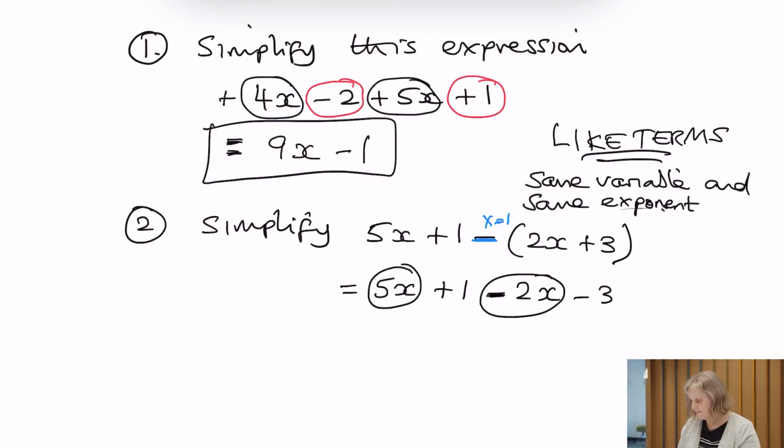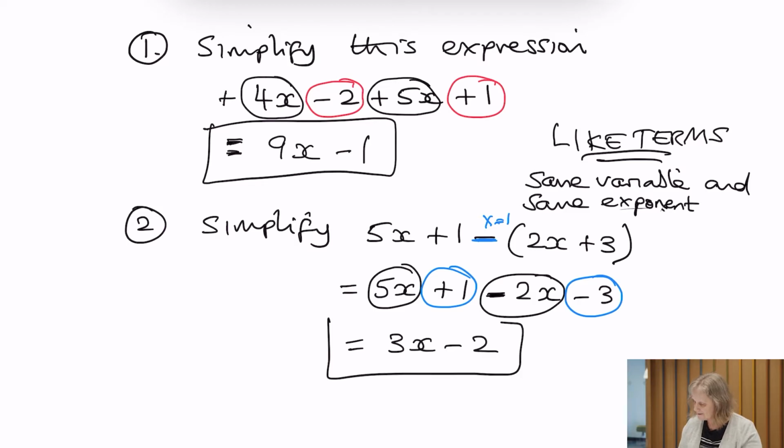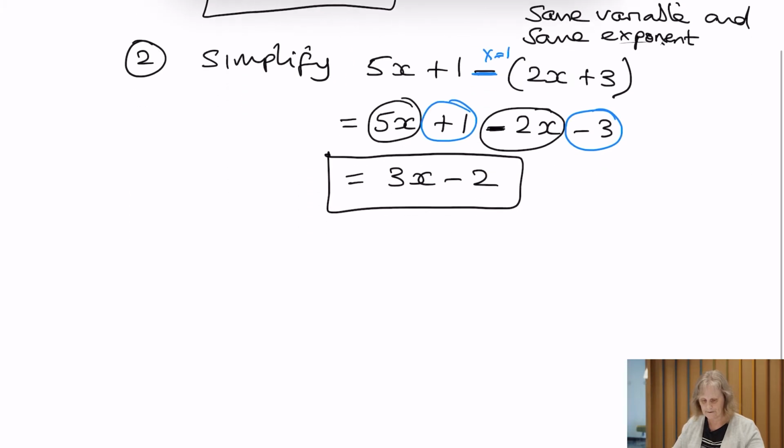So we've got 5x subtract 2x is going to give us 3x. And then when we look at the two numbers, constants, 1 subtract 3 is going to give us -2. So now we've simplified that expression to 3x minus 2. We can't do anything more there.